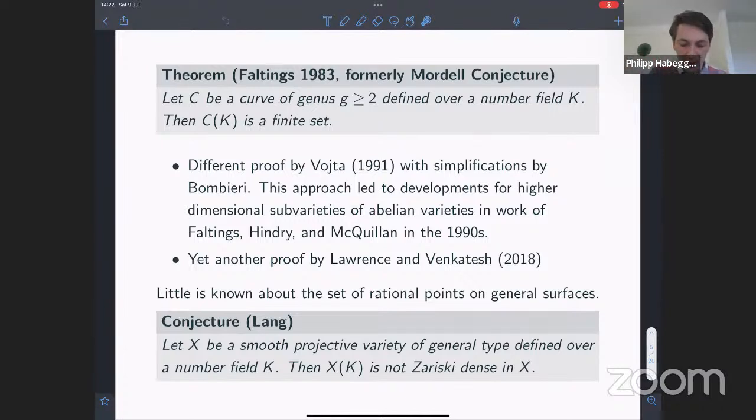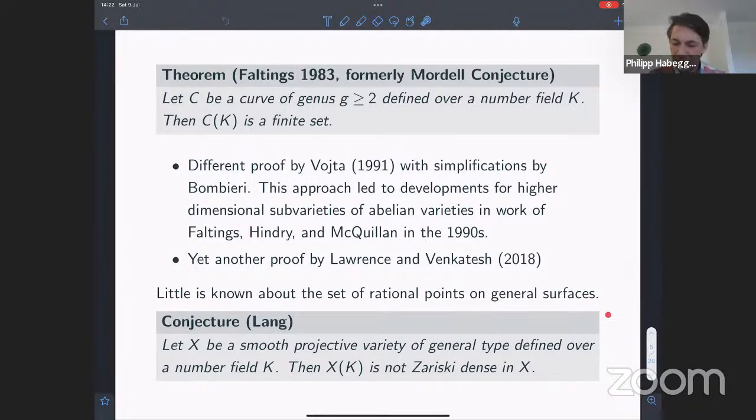Let me also point out that there's a recent new proof of the Mordell conjecture, which also goes beyond, by Lawrence and Venkatesh from 2018. If you're outside the realm of abelian varieties, for a general projective variety of any possible dimension over number fields, beyond dimension 1, little is known in general.